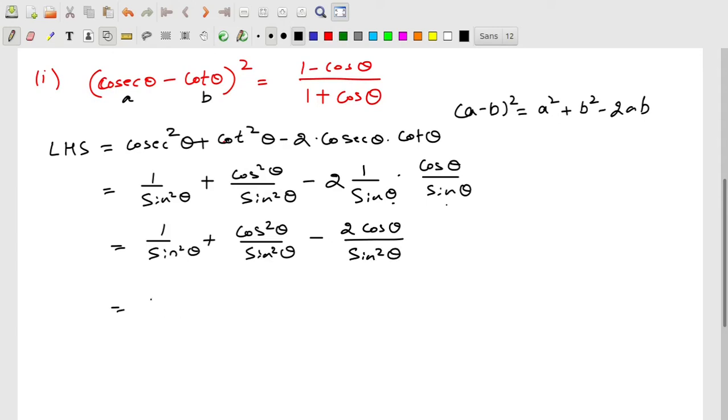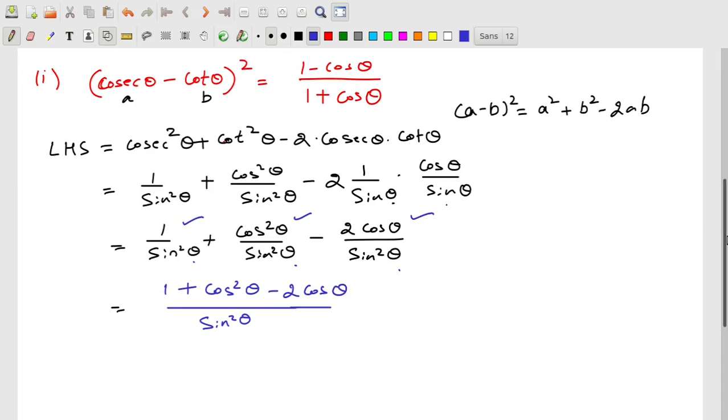Okay, so now these are three fractions, 1, 2 and then 3. So just apply fraction addition here. As we have the same denominator, I will take sine square theta in the denominator and then 1 plus cos square theta minus 2 cos theta in the numerator.